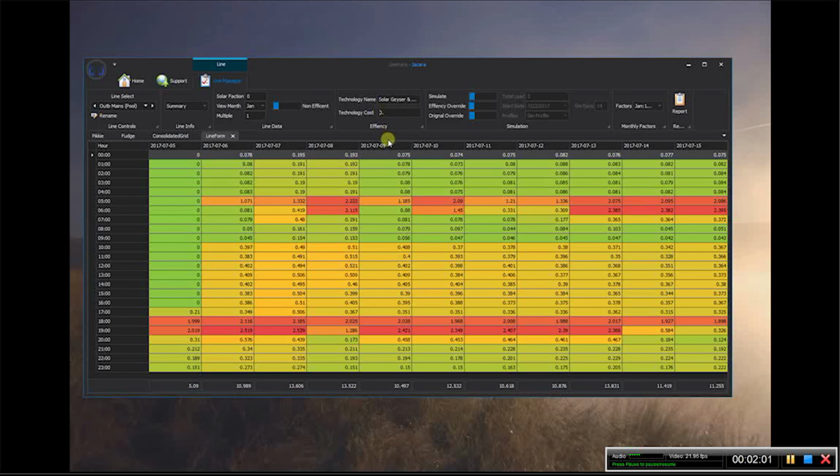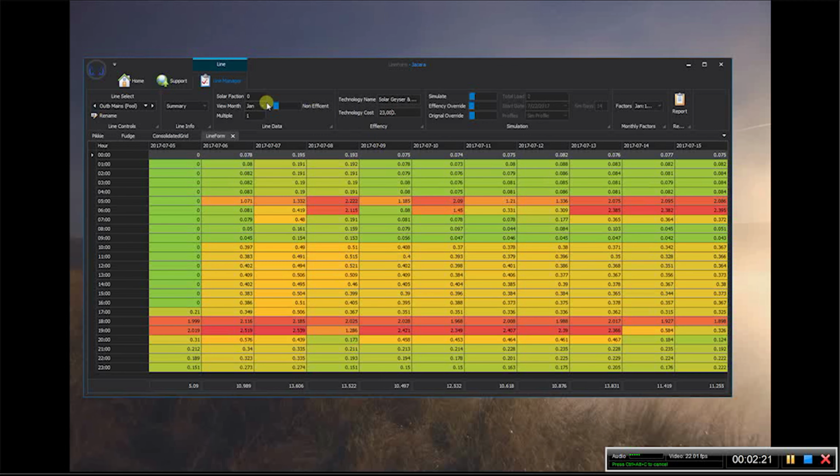And on the technology side I'm going to add the cost of that VSD to the solar geyser. So the solar geyser would have been 25,000 Rand on its own, or let's maybe call it 22,000 Rand, as it's a 150 litre solar geyser. And let's add the cost of the VSD to that. So let's make it 23,000 Rand.